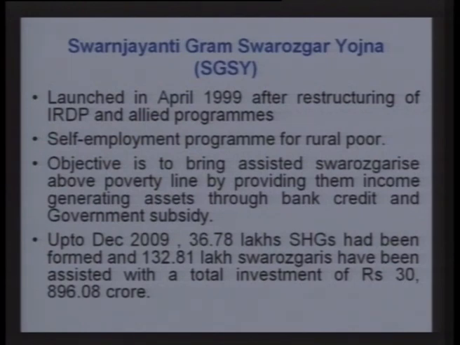Then we have Swarna Jayanti Gram Swarojgar Yojana. It was launched in the year 1999 after restructuring IRDP and allied programs. It is a self-employment program for the rural poor.